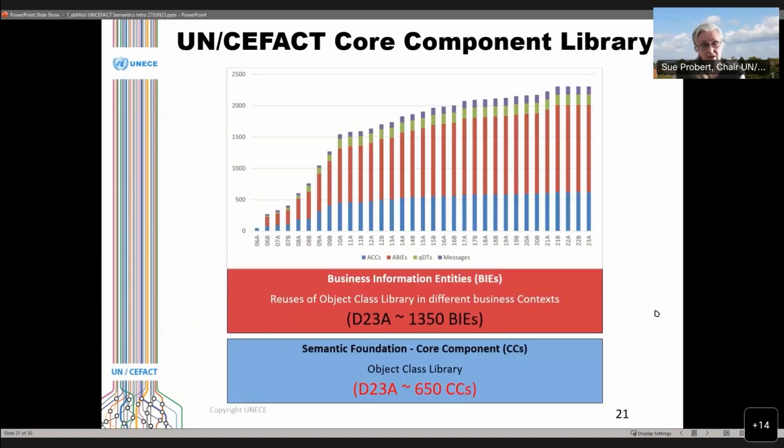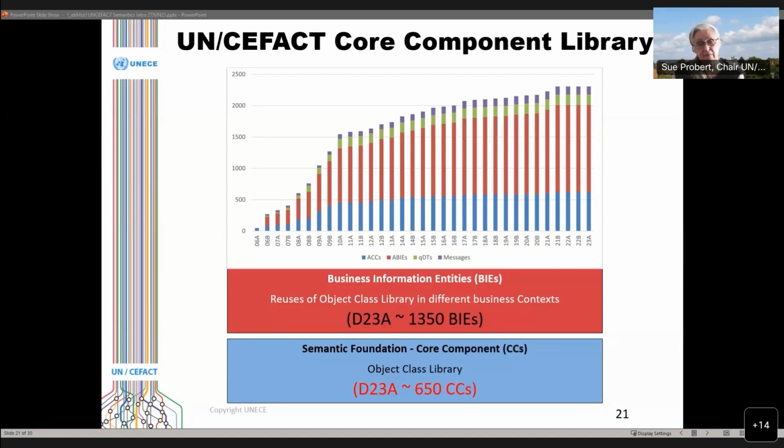It's available free on the UNECE website. And what you can see in this diagram is that the blue section at the bottom is the base core components, and they are very stable. We don't often have to add to them. It's a very strong range of classes for reuse. And then you can see the business information entities, the red section, is growing and growing, but we're not having to add to the base layer.